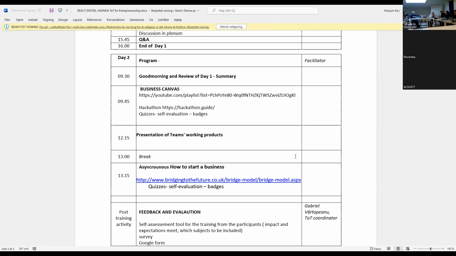If we do all 4, maybe just 1, but it's important to have feedback to see if their expectations were met, what we can do better, and also to write a report from the trainers. It's not only one perspective that is important, the other is also important, because when you go through this one time, you will know how to do better, and that's good to share with others, not to make the same mistakes, not to have too long presentations, or much more about the subject. We will see how this works.